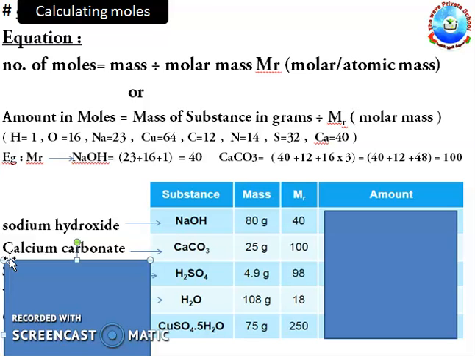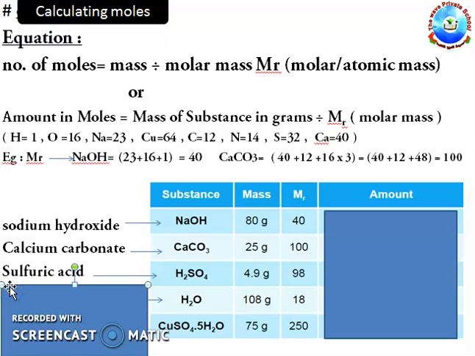What is H2SO4? SO4 is sulfate. So which acid is it? It is sulfuric acid. Very good. What is H2O? That is water. Now come on, tell me what is this last substance?